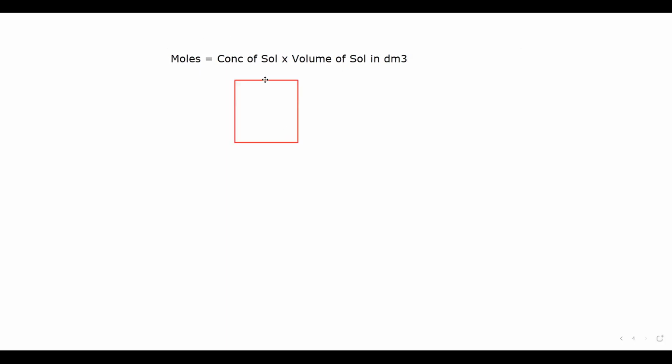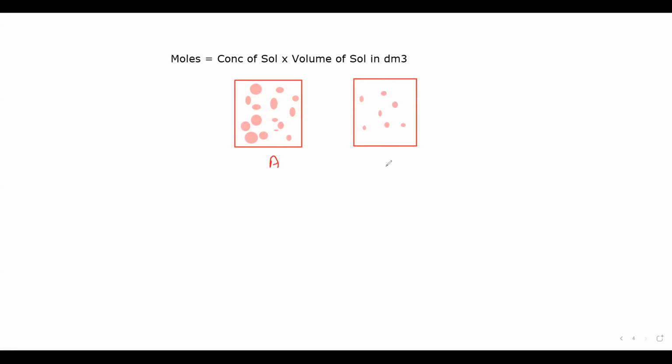Because in density, how many particles, like if I say we have two substances of equal volume, but a different number of particles. Which substance has high density, A or B? It is A, because it has more particles.